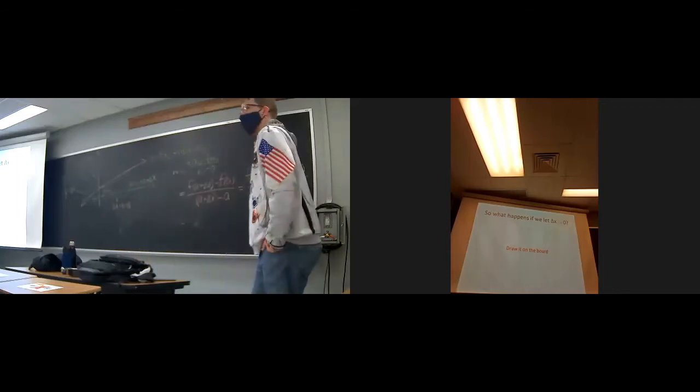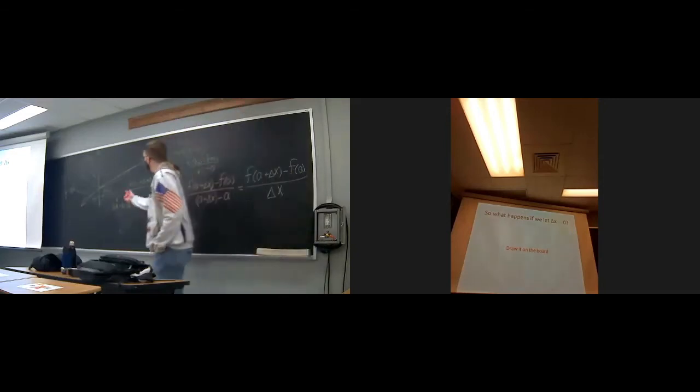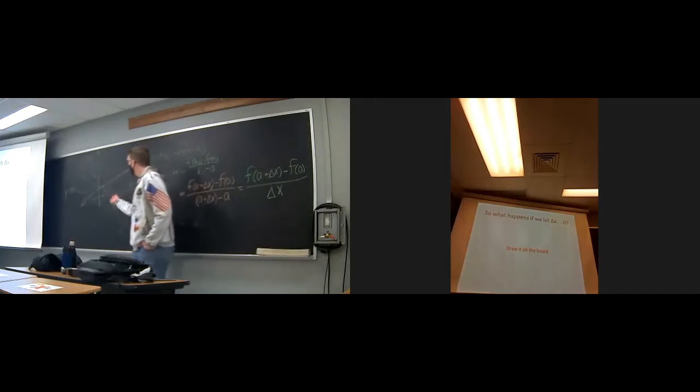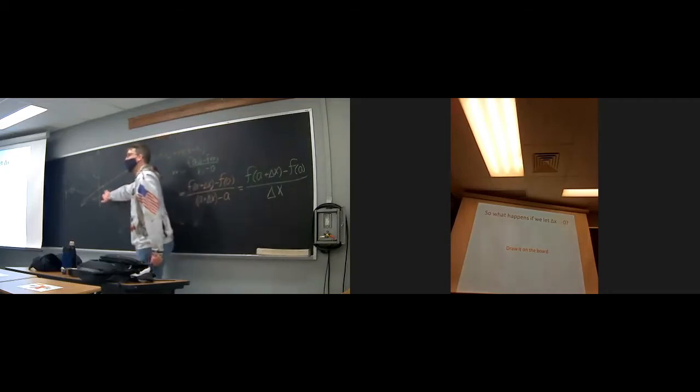Would it just be a point along the function? Yeah. If delta x goes to 0, then b goes to a, right? Because b is just going to be a plus delta x. So this delta x is going to 0, b has to be going to a. Is everybody cool with this?